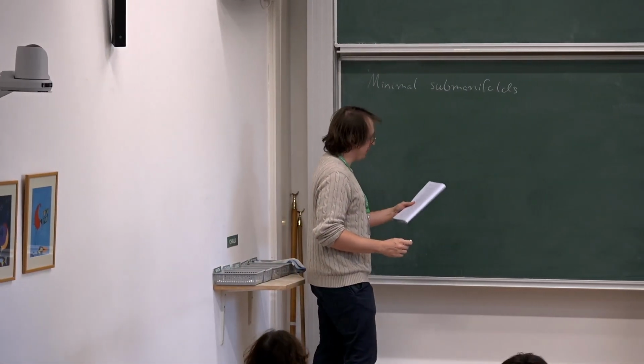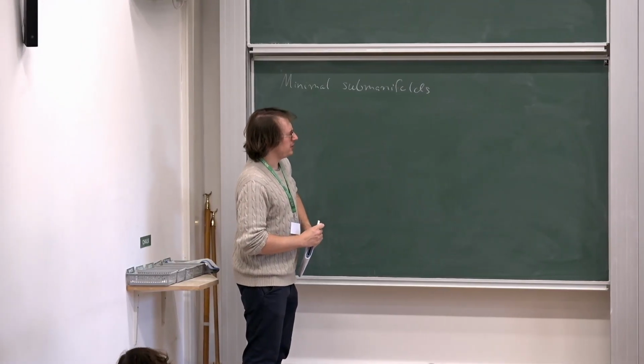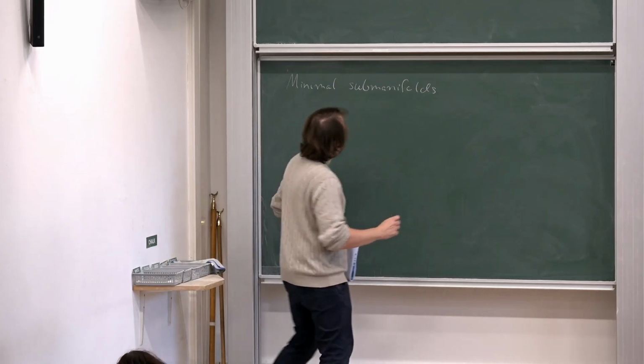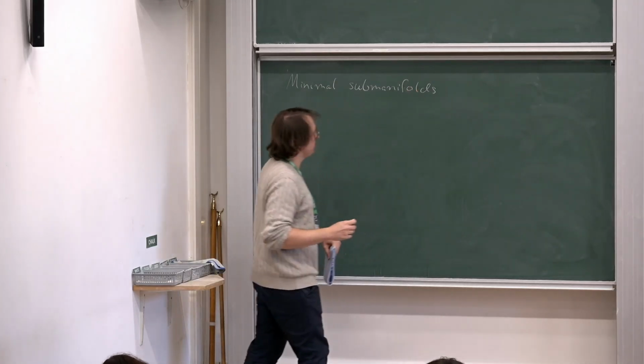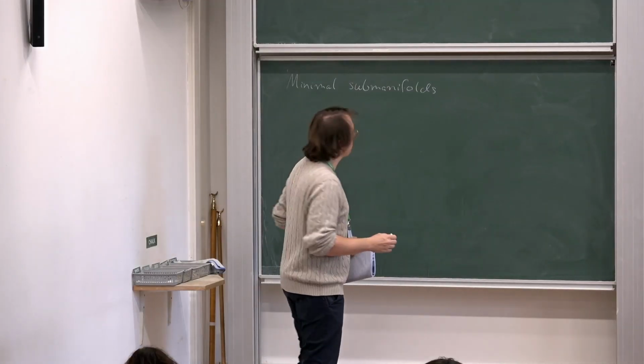Yeah, so my talk will probably be furthest from the barycenter of all the talks that happened here, because there will be some Riemannian geometry, and only at the end there will be some application to stability.